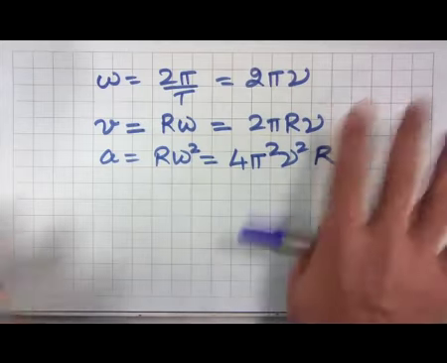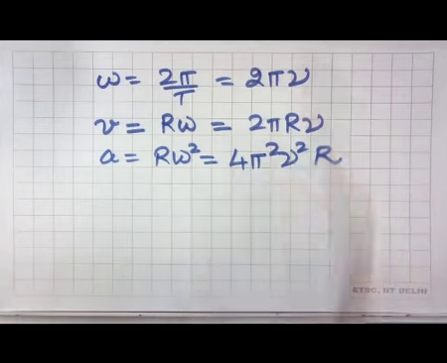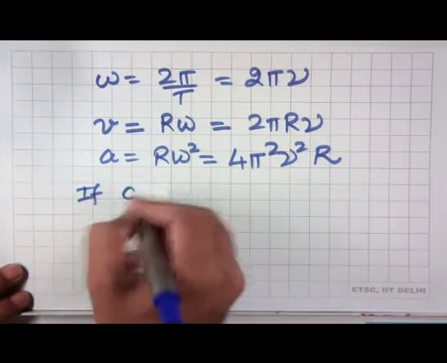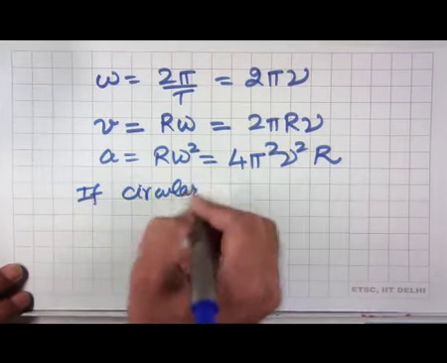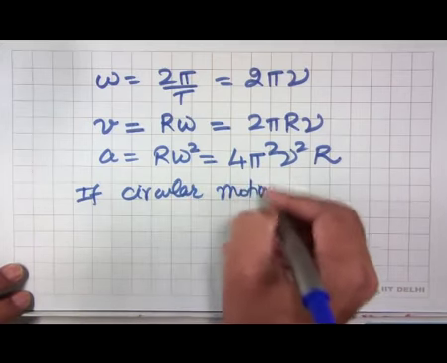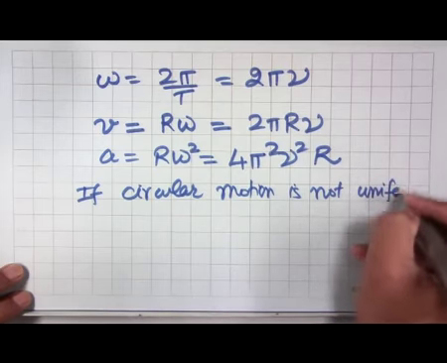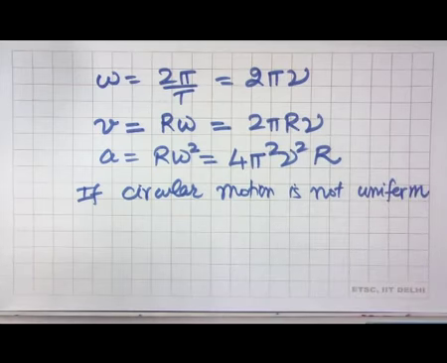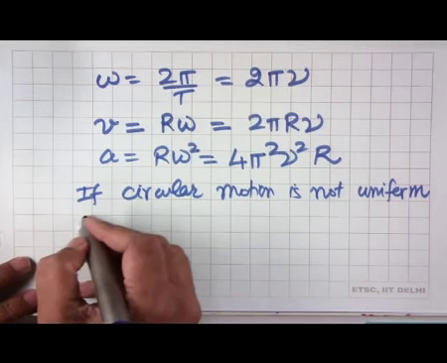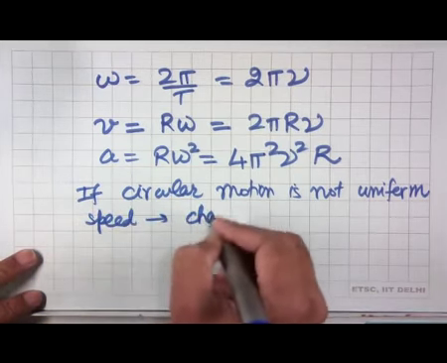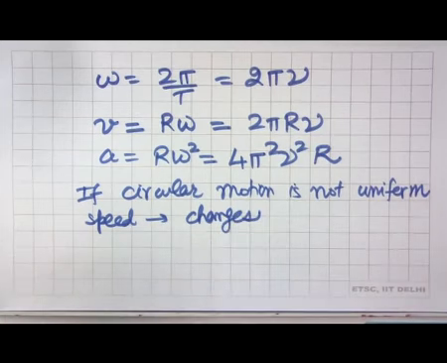Now, this will be valid, the time period will be constant if we have uniform circular motion. Let's just briefly see what happens if circular motion is not uniform. That means the speed of the particle changes.